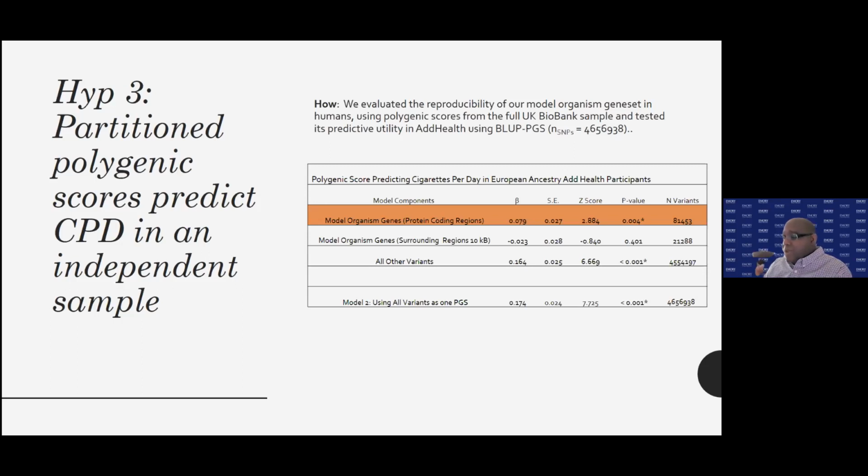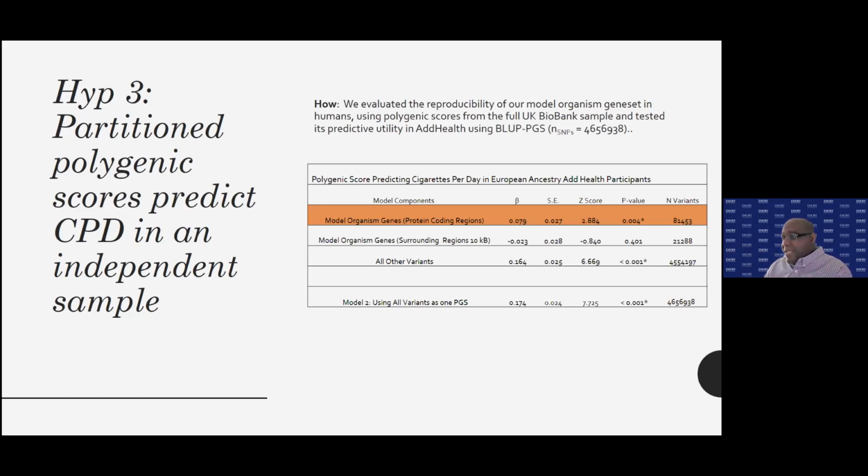When we did that, we stratified the effect of the polygenic risk score into 3 components, the same way we did it in the UK Biobank. We did the total PRS, and when we fit that model, you can see model 2. Yes, all variants account for variation in cigarettes per day smoking in AdHealth, great.